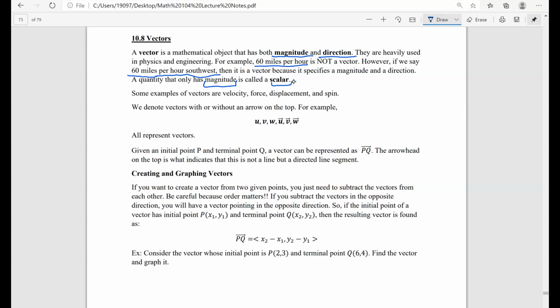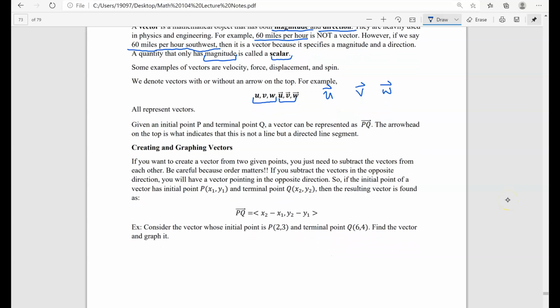So you can write u, v, w with little arrows on the top. That just means the vector u, vector v, and vector w. And you'll see vectors a lot. You'll see them again in pre-calc, in physics and engineering, and you'll see them in Calc 3. If you go all the way to Calc 3, you're going to see them a lot. If anything, the entire course is just vectors.